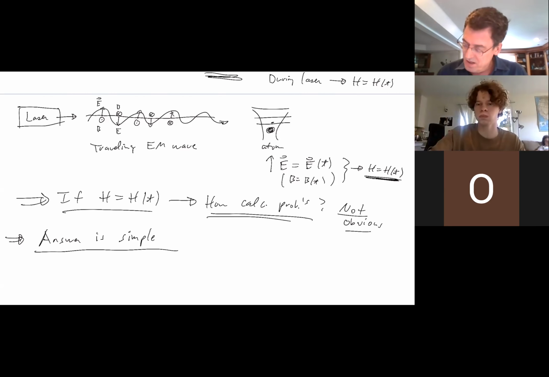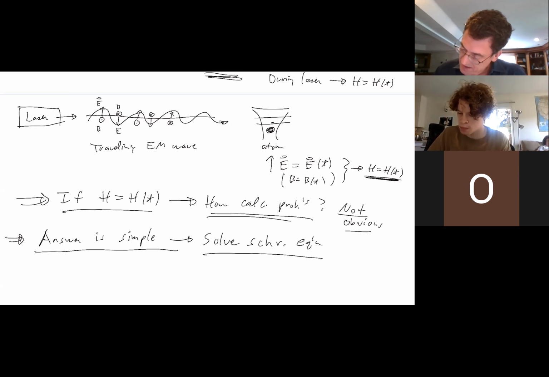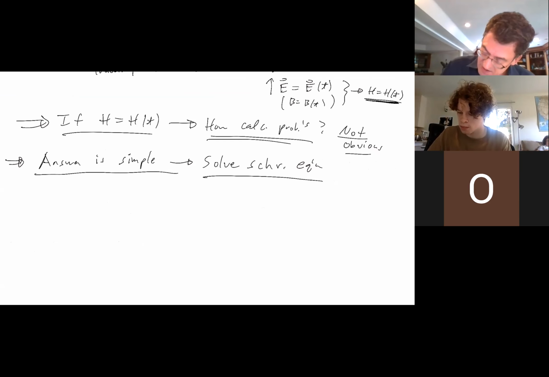The answer is simple. You just solve the Schrodinger equation, like everything else. And the Schrodinger equation is this. Before you had H psi equals i h bar d/dt psi.